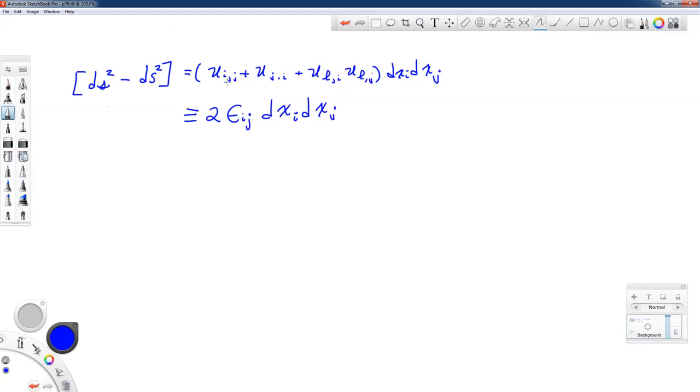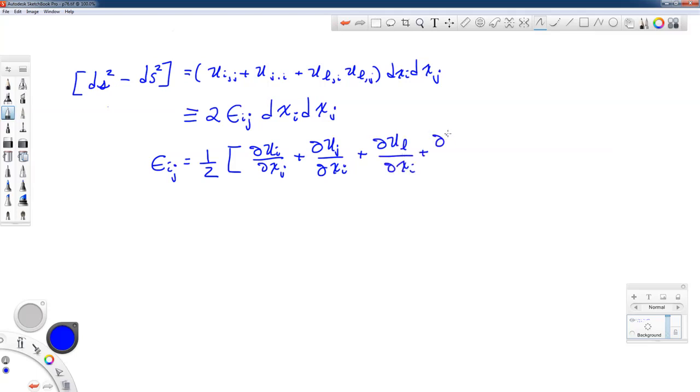Now, if we look at this term very carefully, we'll notice that with epsilon ij equal to 1/2, partial derivative of ui with respect to xj plus the partial derivative of uj with respect to xi plus this term right here, partial of ul with respect to xi times the partial of ul with respect to xj.